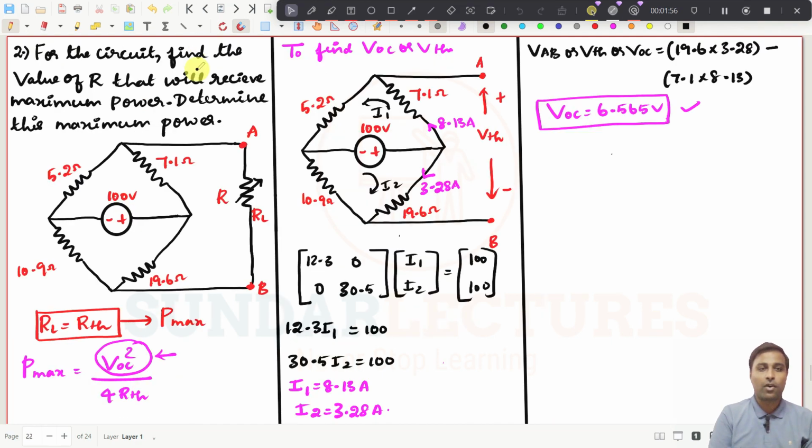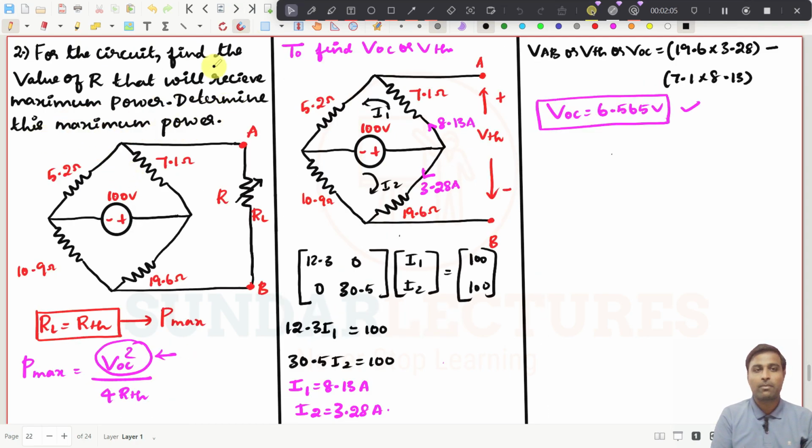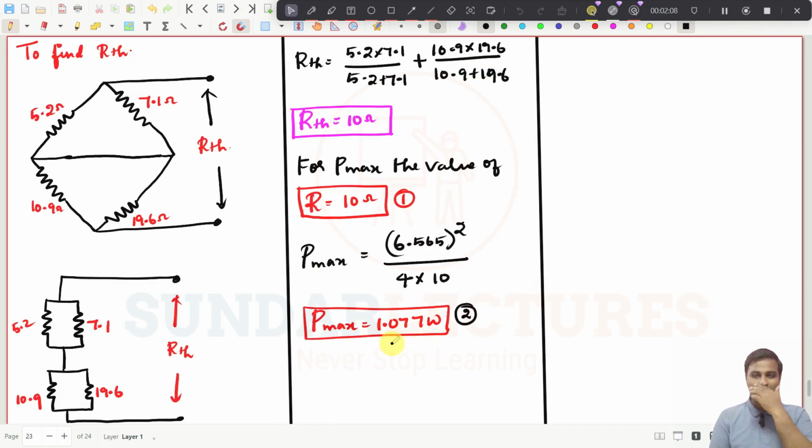So we have found the value of R: R should be equal to 10 ohms, and the maximum power should be equal to 1.077 watts. Try to understand one thing. If you are asked to find the value of load resistance R so that maximum power will be transferred to the load, you just find the value of RTH in the circuit, and that resistor should be connected as the load so that maximum power can be transferred.